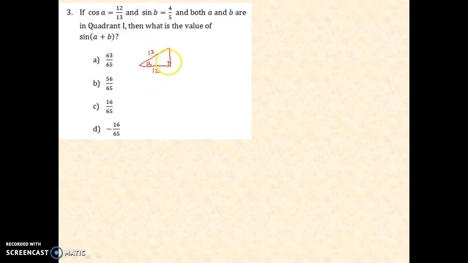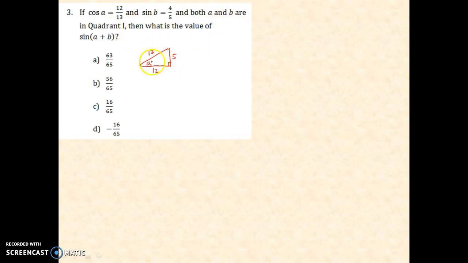Since it's a right triangle, this is one of our pattern right triangles, a 5, 12, 13. If you didn't remember that, you could have just done the Pythagorean theorem to figure out that this side is 5. So if cosine of A is 12 over 13, then sine of A is opposite over hypotenuse, 5 over 13.